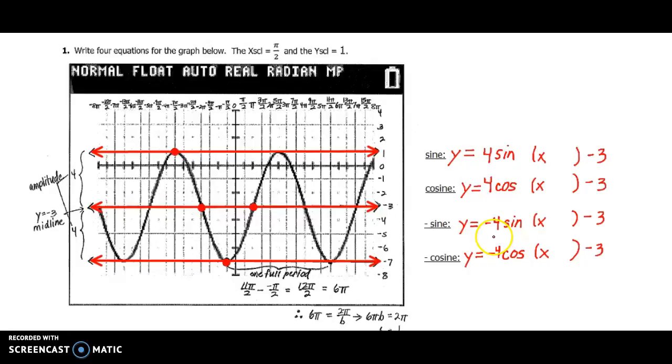The other value that's the same for all of these is my B value. And my B value, we calculated earlier, is 1/3. So in front of each of my x's, I need a 1/3.